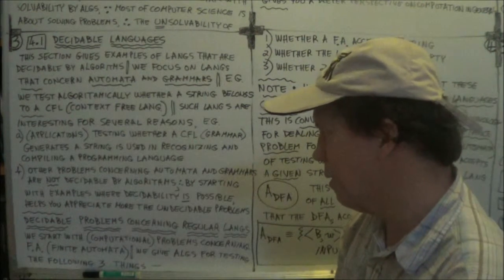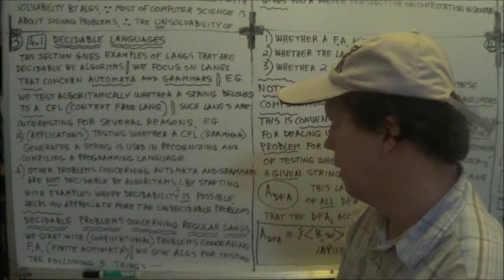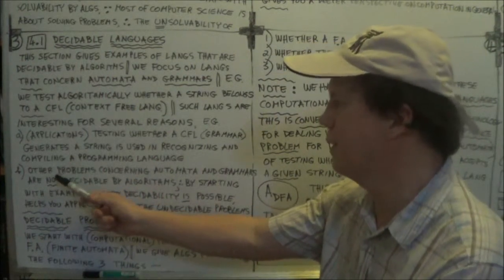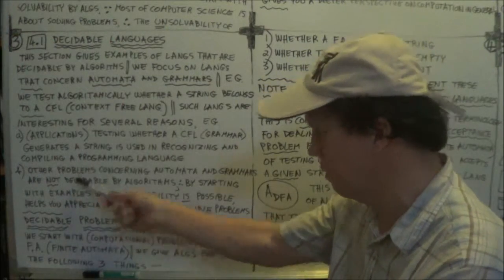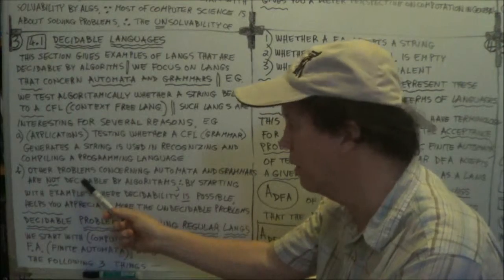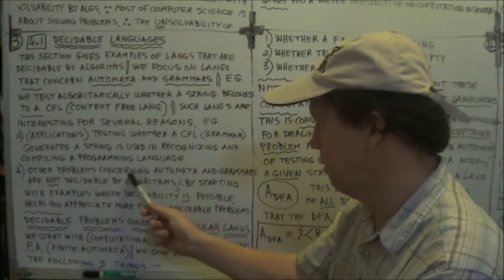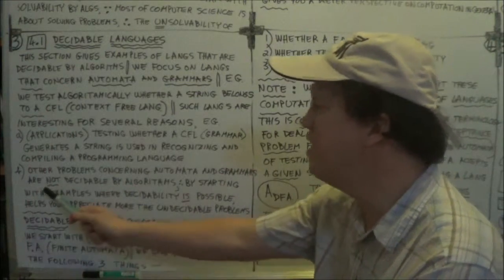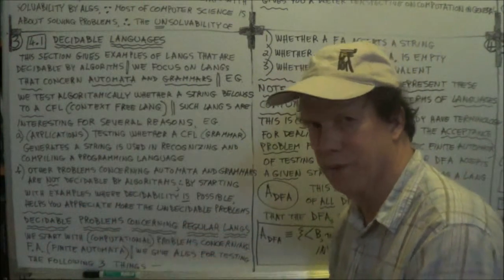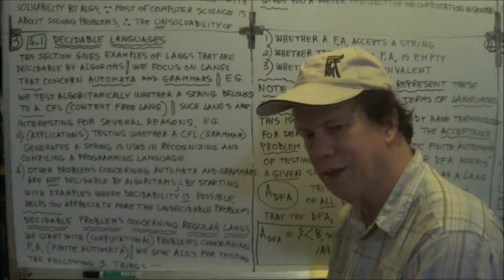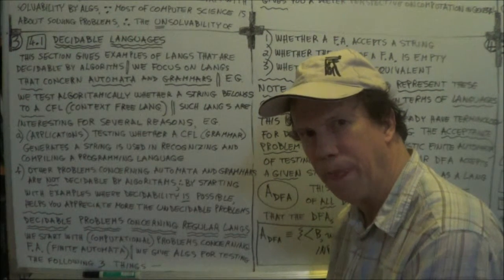Now there are other problems, like the halting problem would be a famous example of one. Remembering what I talked about in the first session, there are problems concerning automata and grammars and so on that are not decidable by algorithms. In other words, there's no algorithm that can decide that language.